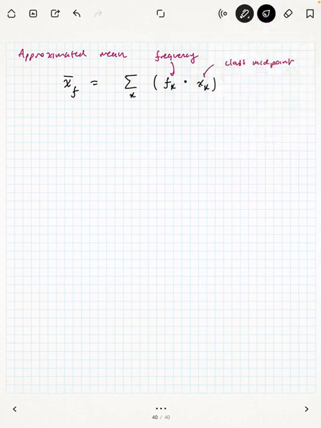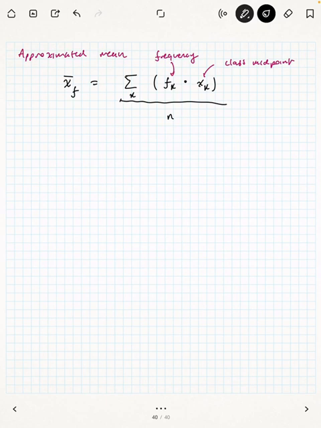And you divide that by the sum of the frequencies, which is the sample size. In the textbook, you'll notice that it says sum over K of the f sub k, and that is equivalent to saying the sample size. They mean the same thing.